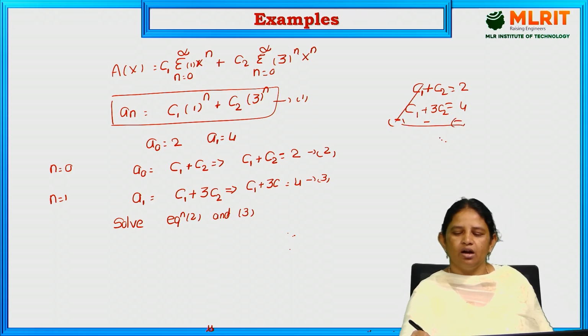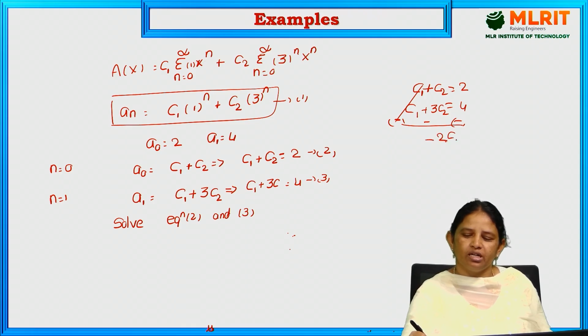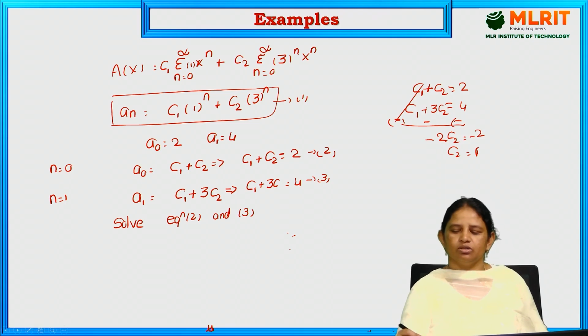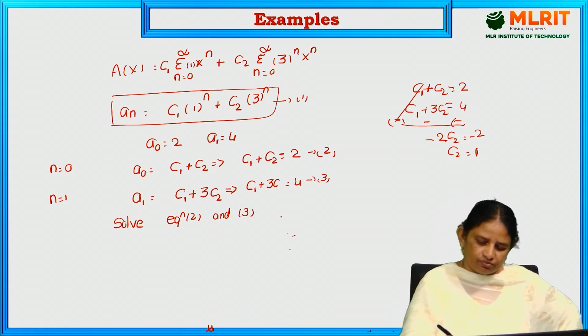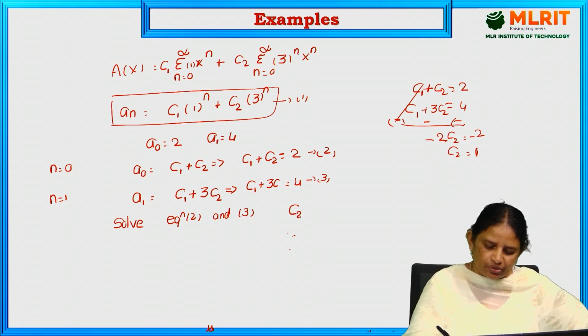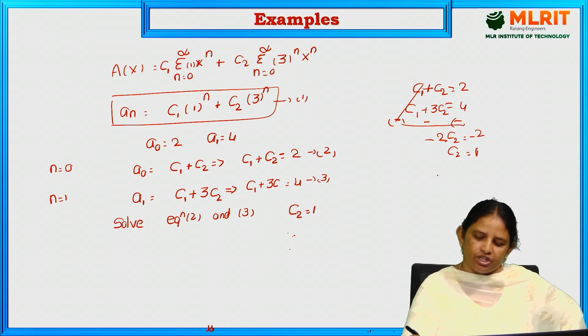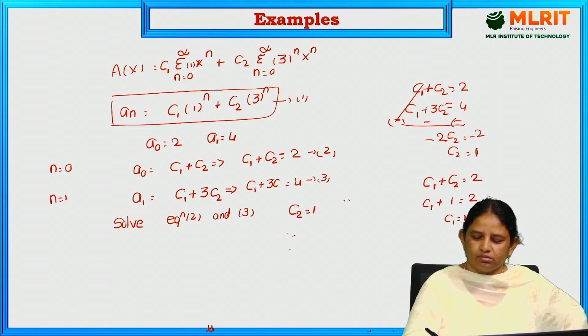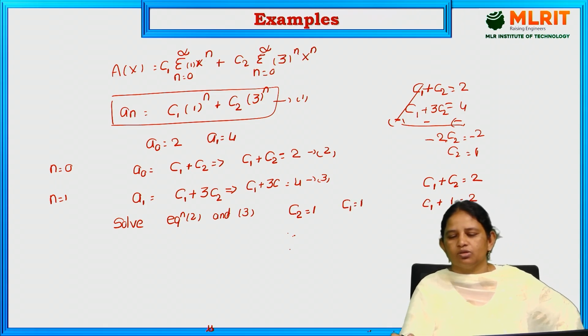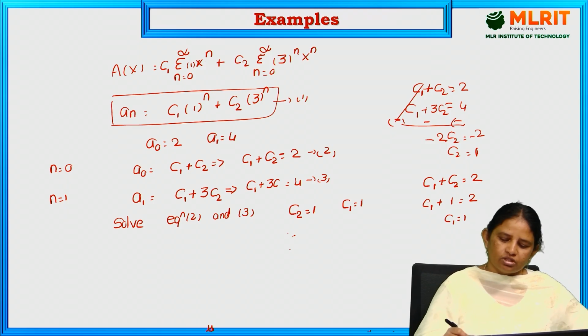Then we'll get minus 2C2 equal to minus 2, so C2 equal to 1. Since we know the value of C2, we'll find C1. C1 plus C2 equal to 2, that is C1 plus 1 equal to 2, so C1 equal to 1. C1 is also 1.